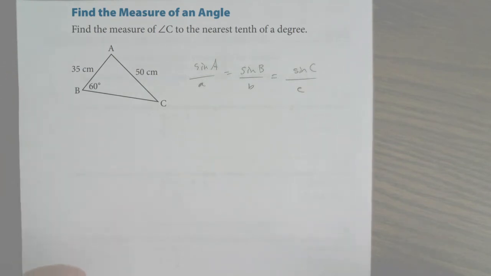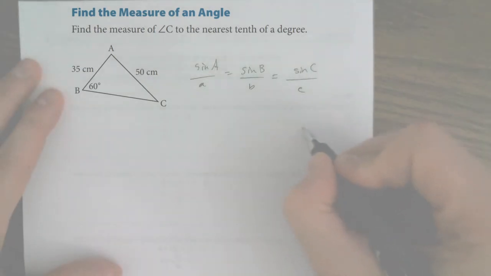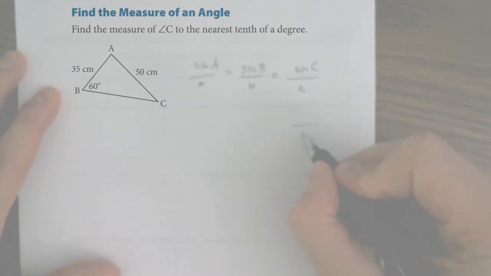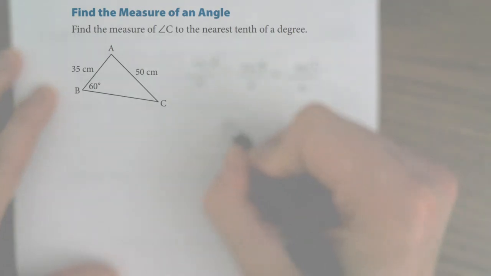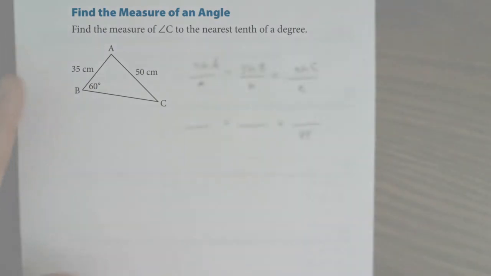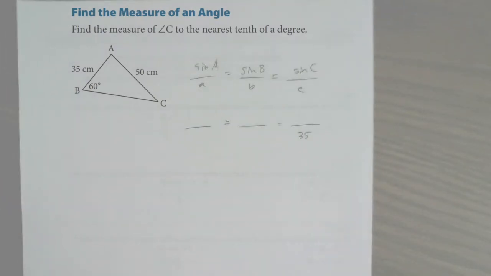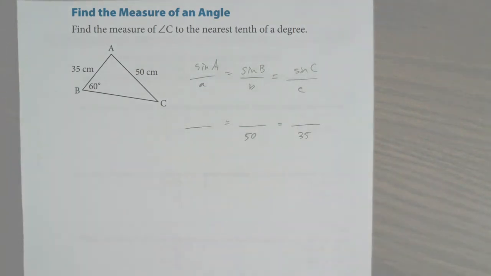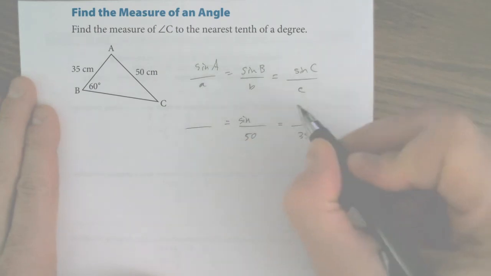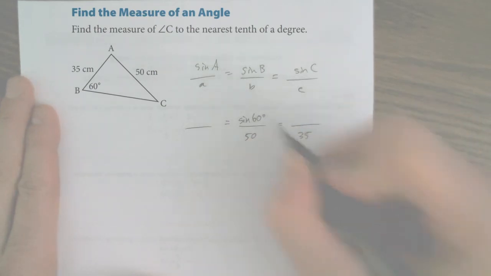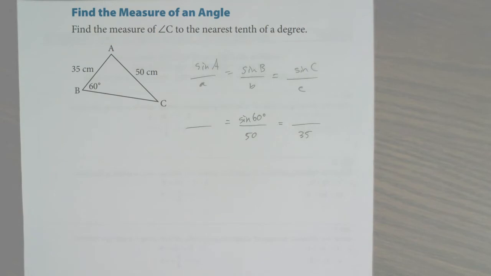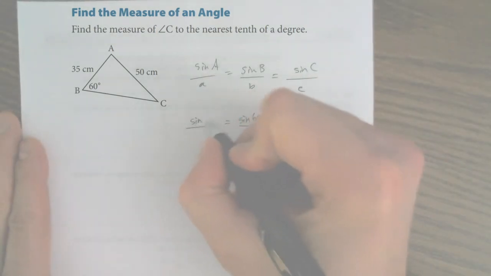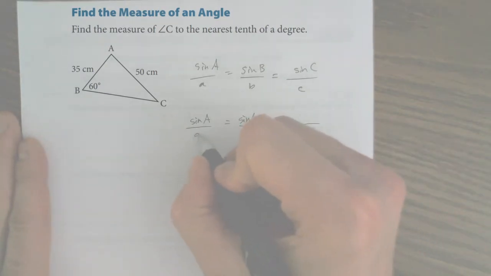We're given the side C. We're given the side B. We're given the angle B. We don't have any information about A, angle A or side A, that is.